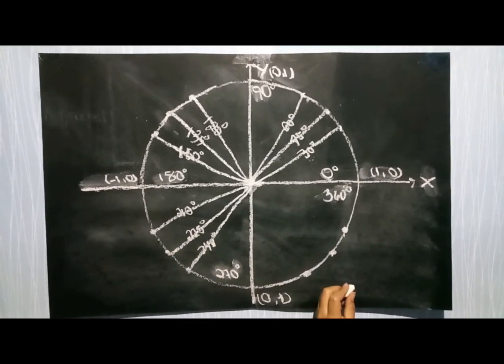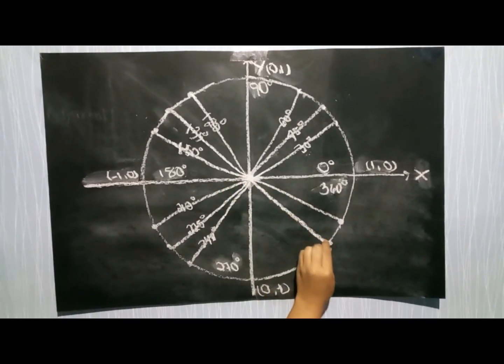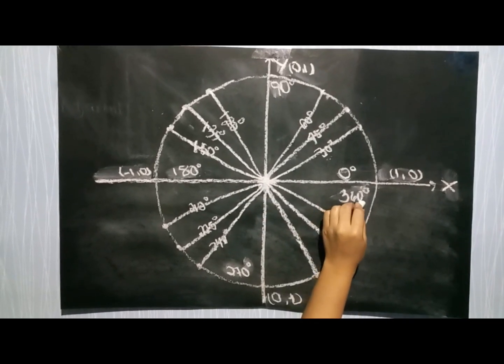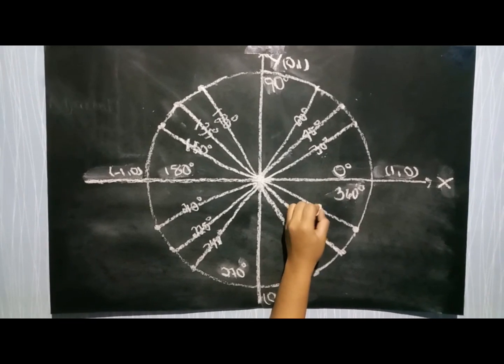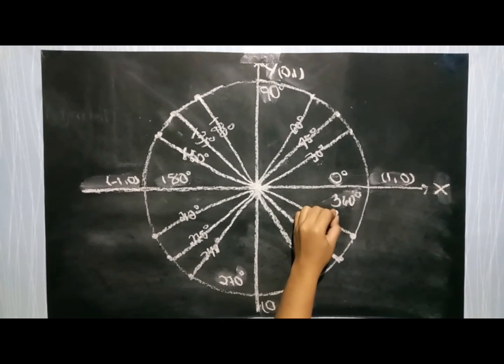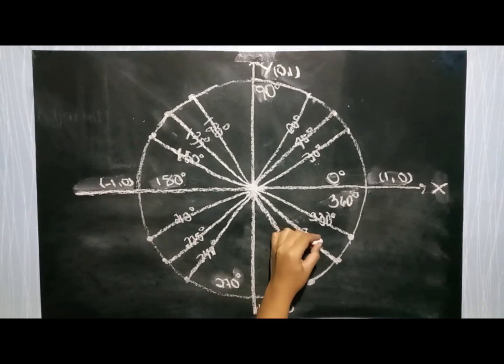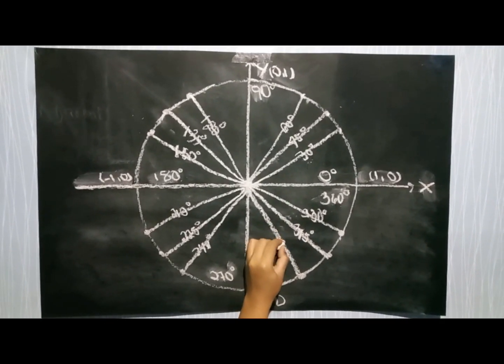Now let's move on to the fourth quadrant. To get the values of the fourth quadrant, we need to subtract the first quadrant angles from 360 degrees, starting with 30 degrees. So this is 330 degrees. This one is 315 degrees. And this one is 300 degrees.